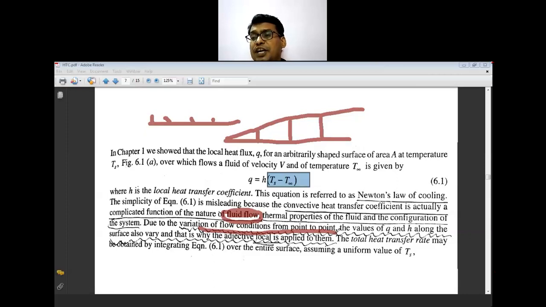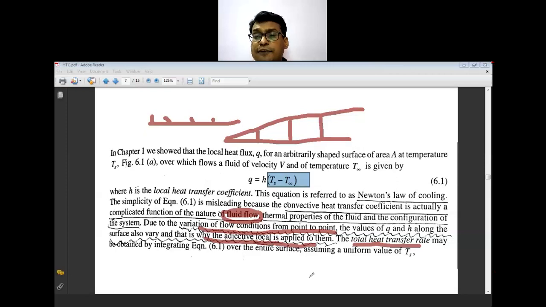The value of Q and the heat transfer coefficient along the surface also vary, and this is why the adjective local is applied to them, so it is called the local heat transfer coefficient.